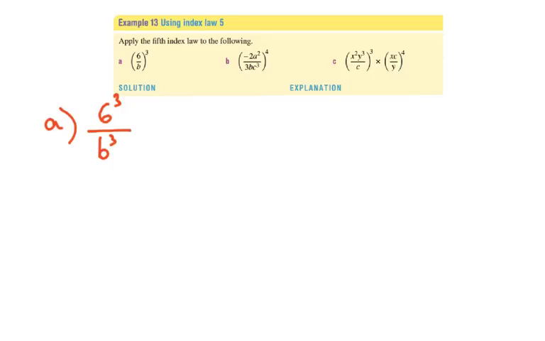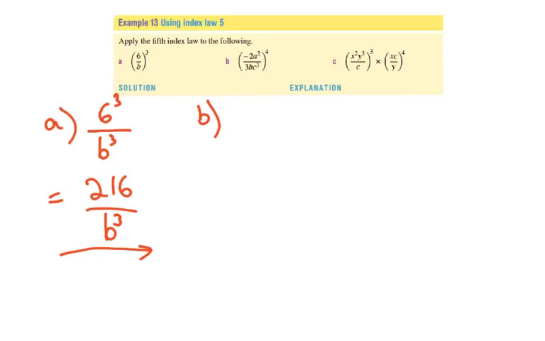Once again, that means the 6 is going to get the 3, and the b is going to get the 3. So let's just evaluate the 6 to the power of 3, which gets me 216 over b to the 3. That's as simple as it can go. Making it a little bit harder, let's have a look at b.